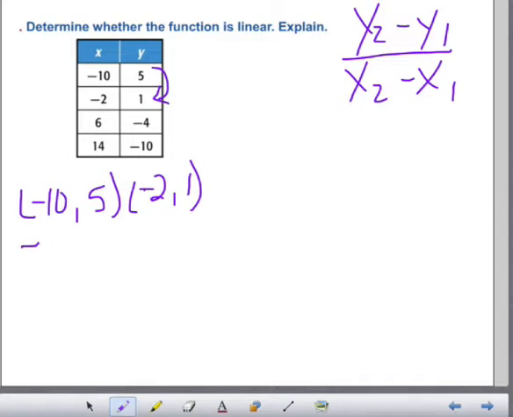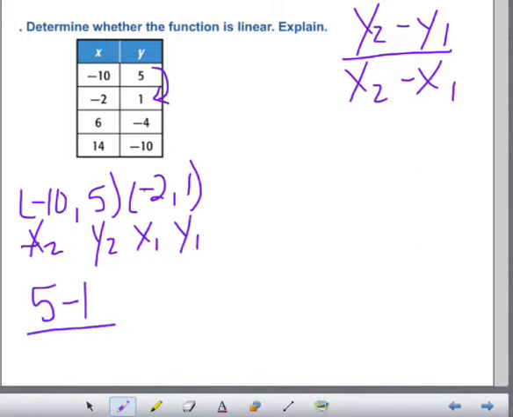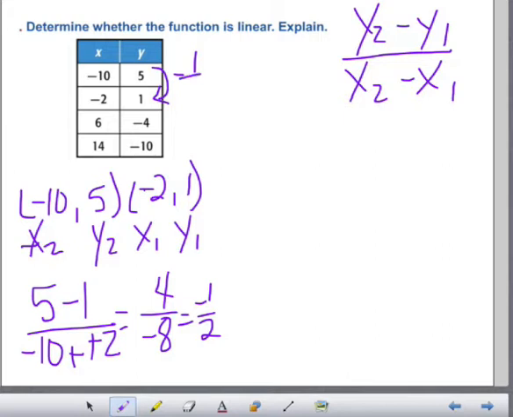We've got x2, y2, x1, y1. So I've got 5 minus 1 over negative 10 minus a negative 2. Well, that's really going to become plus 2, right? So I get 4 over negative 8, which is just a negative 1/2. So my rate of change there is a negative 1/2.